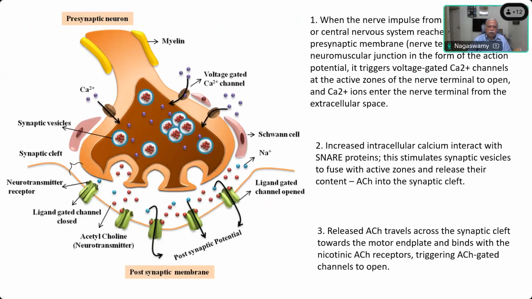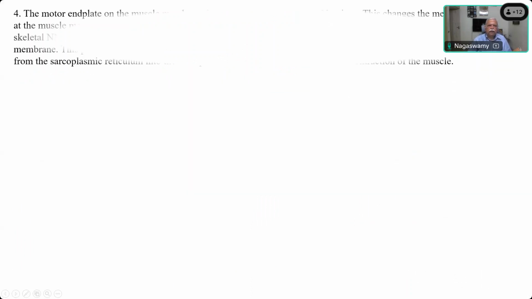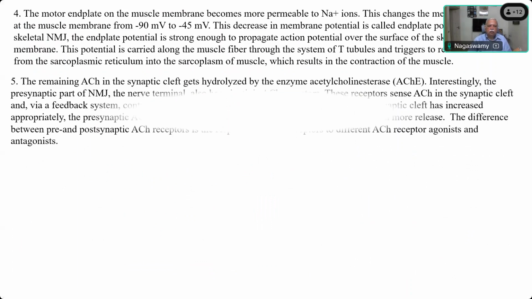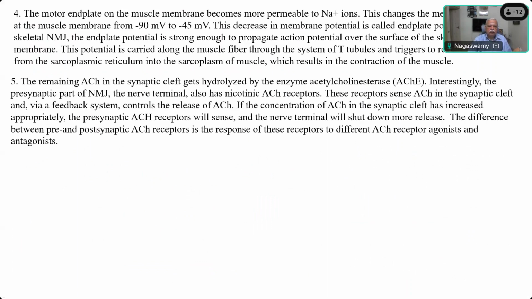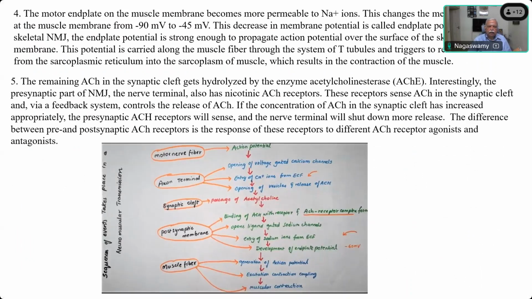This is another diagram to show all these features, the postsynaptic potential and membrane, and ligand-gated channels. And this is the motor end plate that has to be stimulated. Once the action potential activates that, the actin myosin complex has to form.